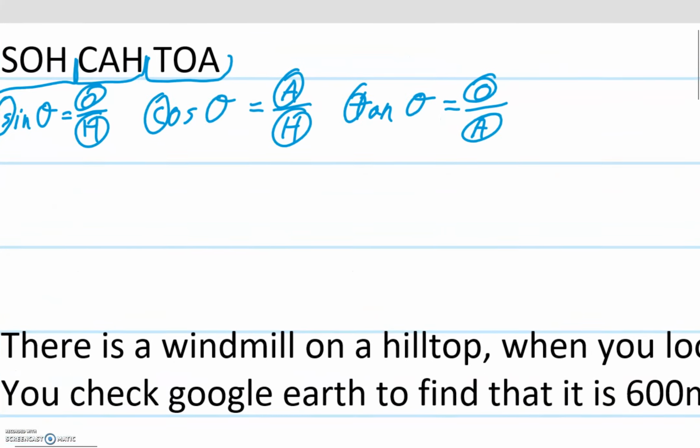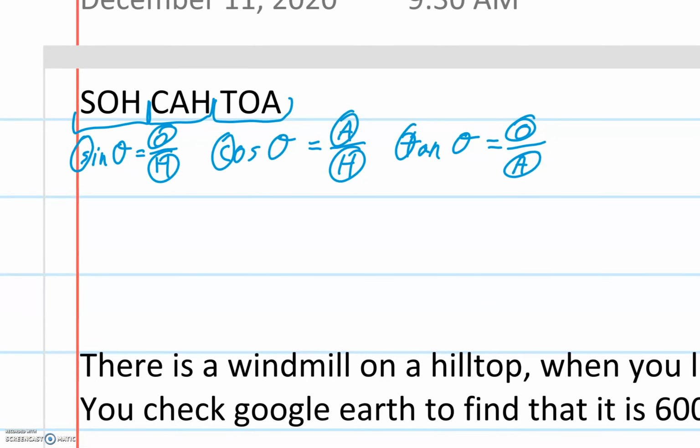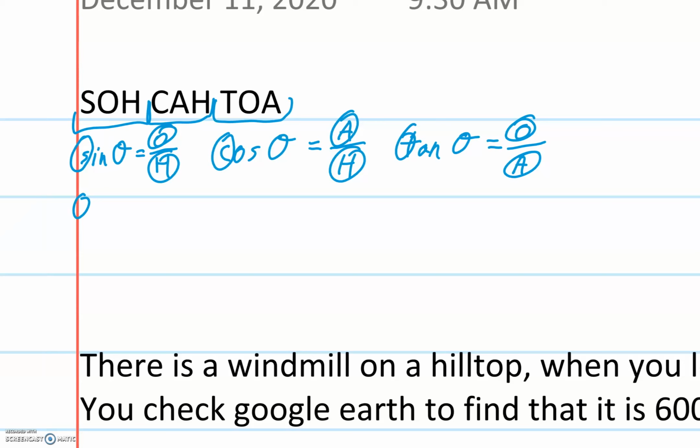And we can rearrange each of these to give us a more useful equation solving for any one of the three values. I will only show you the sine ones, but you can extrapolate it to any of the other ones. The first, easiest one is O equals H times sine theta.